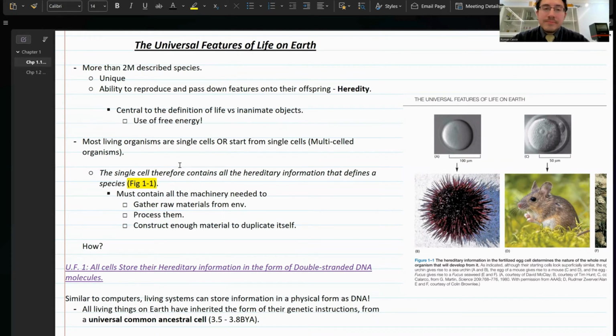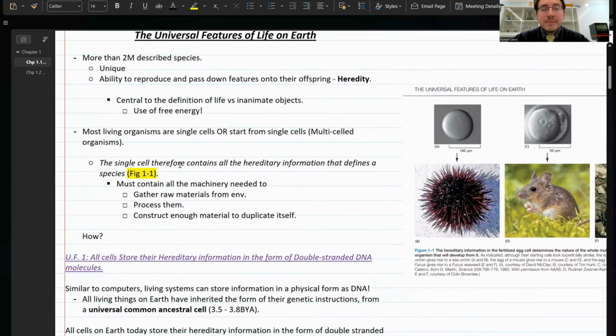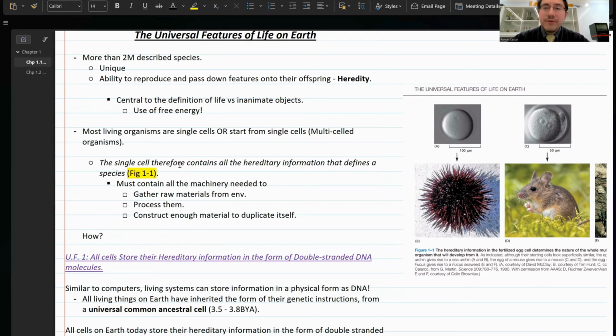right? One of the things that's, again, central to the definition of life versus things that are non-living is that idea of using free energy. And there's a simple, nice example that the book gives: wood burning, a fire, that is consuming wood. It is taking up energy, right?